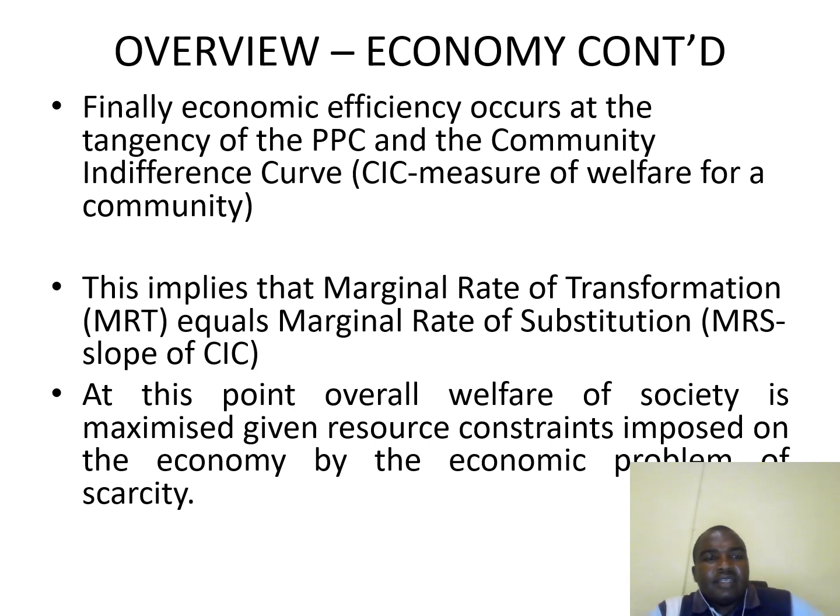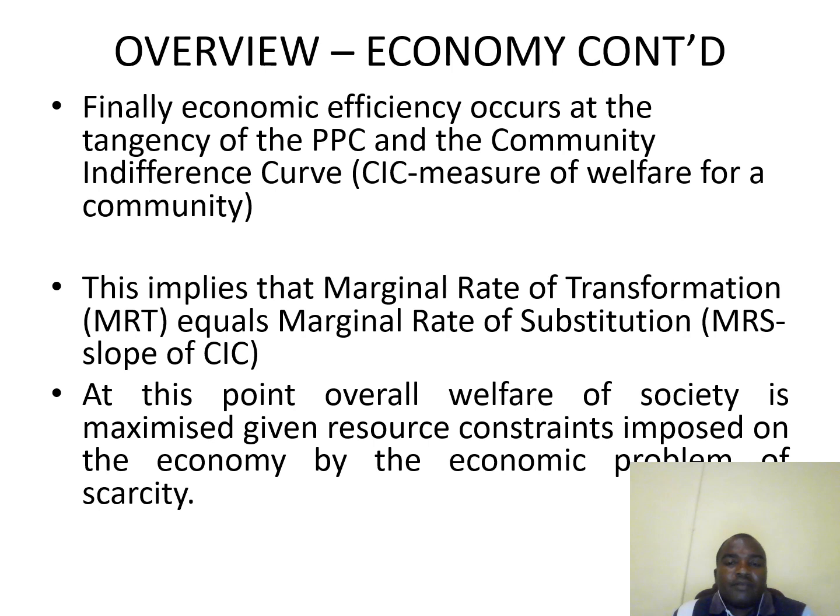Finally, economic efficiency occurs at the tangent of the production possibilities curve and the community indifference curves. The community indifference curves are used as an index or as tools for measuring the welfare of the community. This implies that the marginal rate of transformation must be equal to the marginal rate of substitution, which is the slope of the community indifference curve.